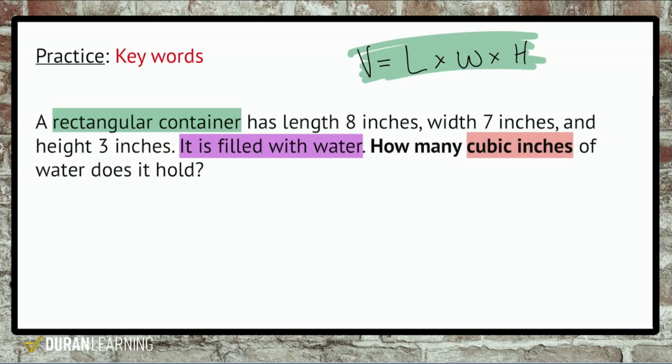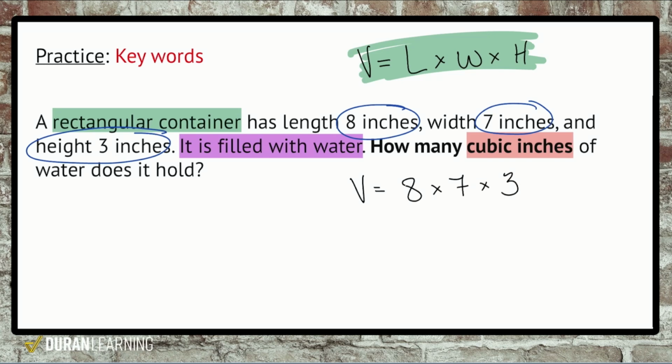So here, let's go ahead and plug everything in now. We're looking for volume. The length that we're given is 8 inches. The width is 7 inches. And the height is 3. So that's all I'll plug in. 8 times 7 times 3. And so 8 times 7, that's going to give me 56. And then I'm going to multiply 56 by 3.